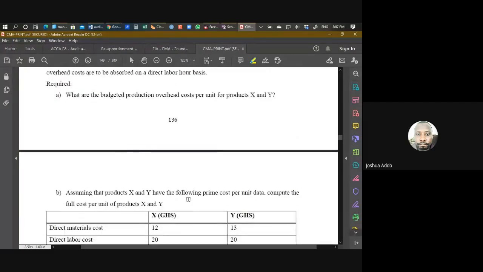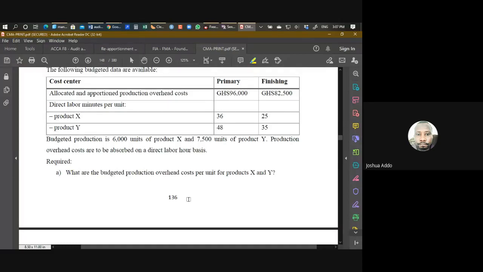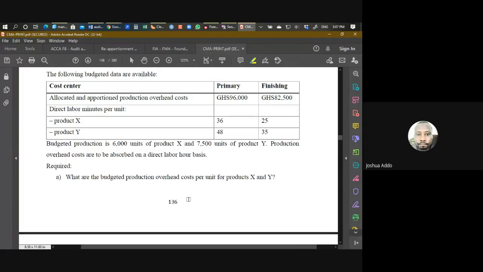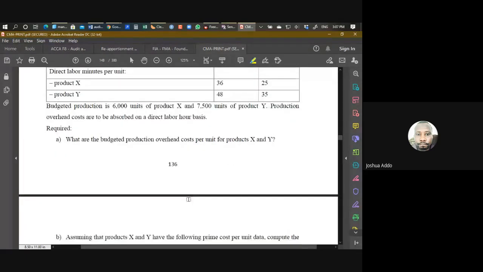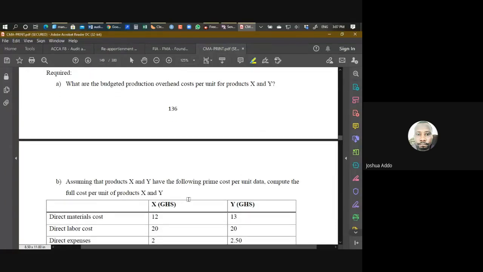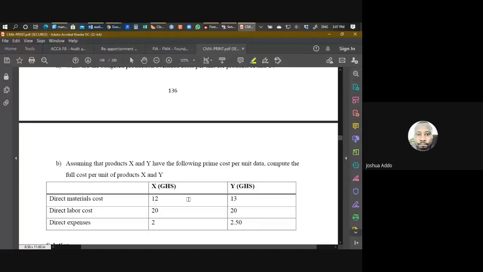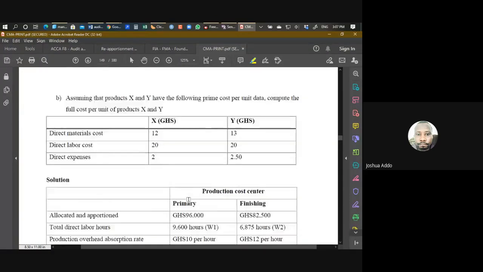Anytime the question is silent like this, you do what is the easiest. So you can lump them and do blankets. In fact, in most cases, if the question is silent, it means blankets. If the question wants you to do departmental, it will be very categorical. So A says, what are the budgeted production overhead costs per unit for product X and Y? And then B is giving you the prime cost data for you to compute the full cost per unit.